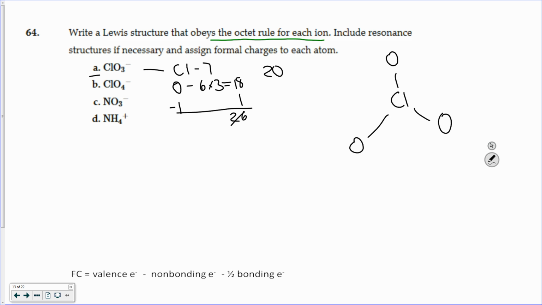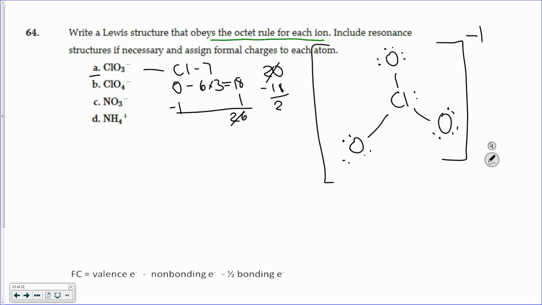Now go around the exterior atoms. That uses 6. 6 more is 12. 6 more is 18. So less 18 takes me down to 2. The last 2 are going to go to the central atom. Okay, so that gives everybody an octet, and again, that's a minus 1 charge. Okay, everybody has an octet there.